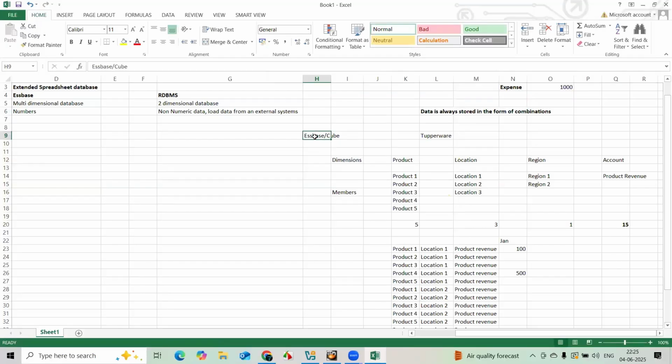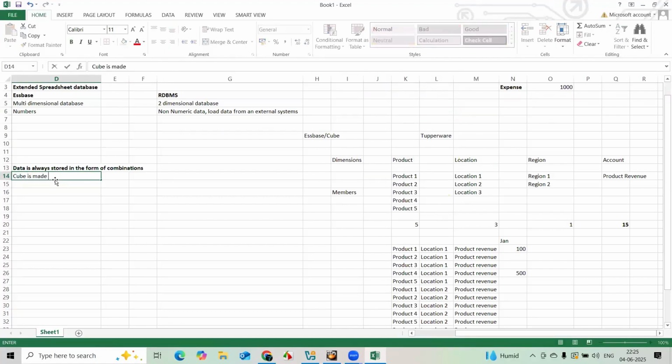So what is the thumb rule here? One is data is always stored in the form of combinations. I will write this here. And the second one, a cube is made up of dimensions, and dimensions are made up of members. So why is Essbase called a multi-dimensional database? Because in this database, the dimensions are not restricted to two.